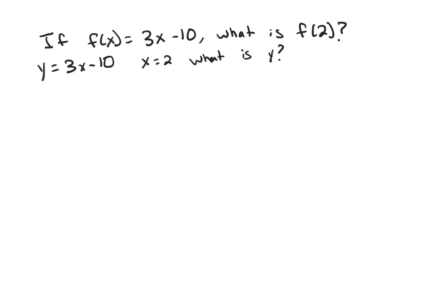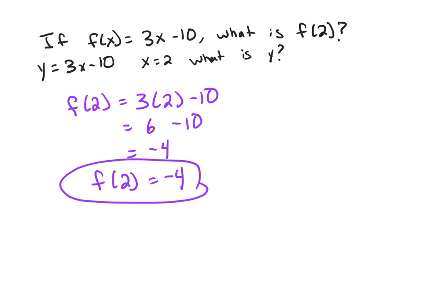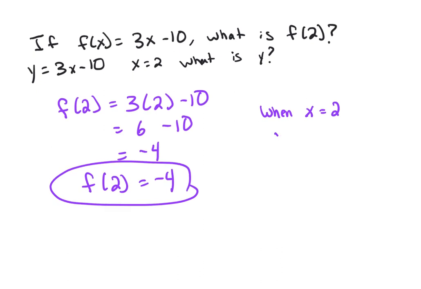So we say, f of 2 equals 3 times 2 minus 10. We know 3 times 2 is 6. Bring down our minus 10. 6 minus 10 gives us negative 4. So that means f of 2 is going to equal negative 4. So when x is 2, y equals negative 4. That's what that means.